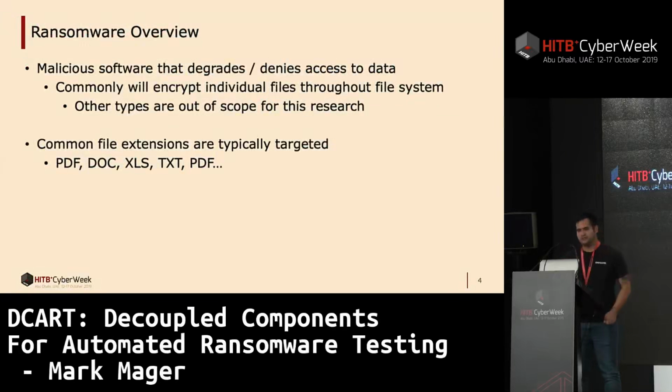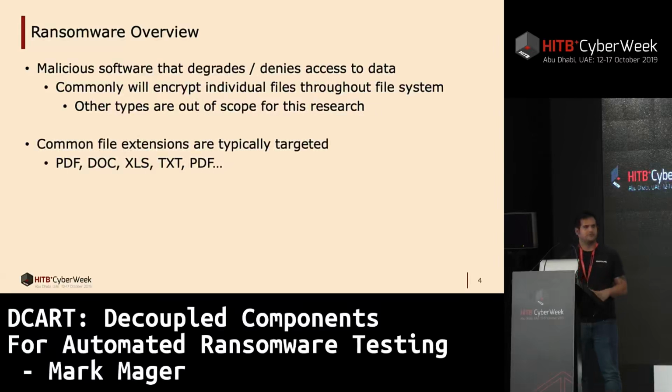So very briefly, I assume you probably know what ransomware is if you're here, but just as a very brief overview, ransomware is any sort of malicious software that's going to encrypt user data. Typically, it will encrypt individual files. So ransomware will launch and enumerate multiple files on your system and encrypt them as it traverses through the system.